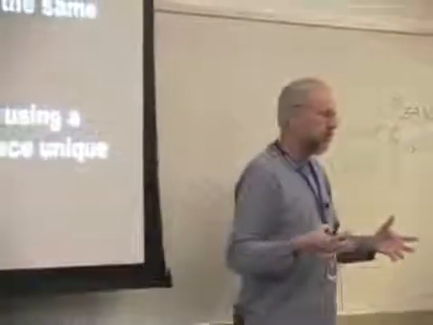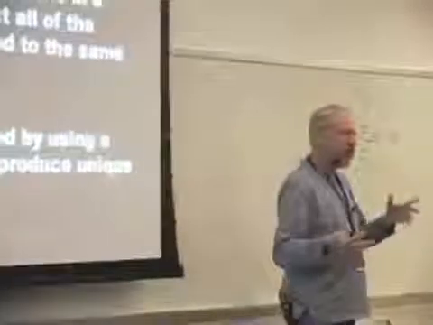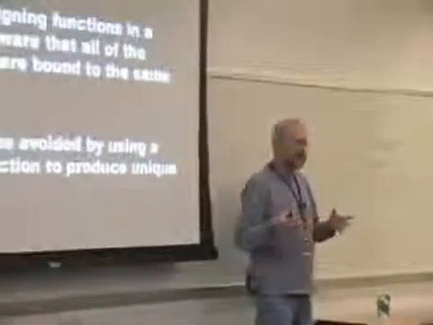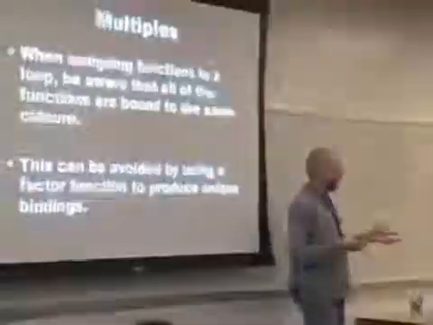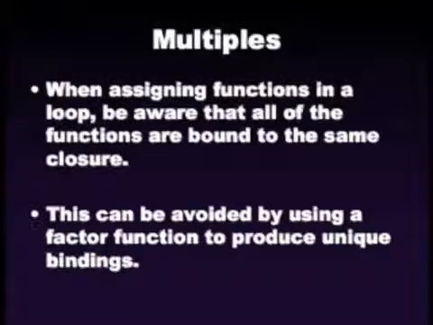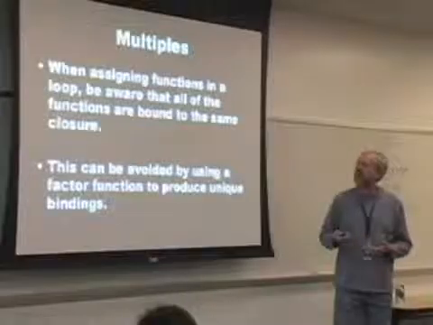Suppose we've got a loop in which we've got a number of objects that we're going to be assigning functions to. For example, assigning event handlers to divs in a browser application. If we're not aware of how closure works, we can cause strange bindings to happen on those functions, and they won't resolve the way that we would like.